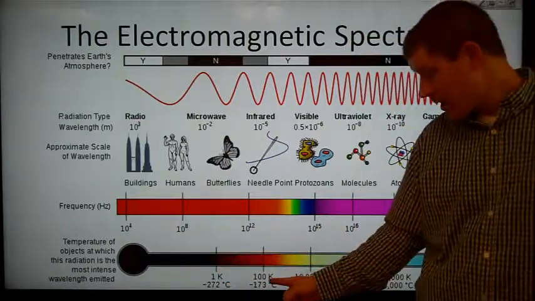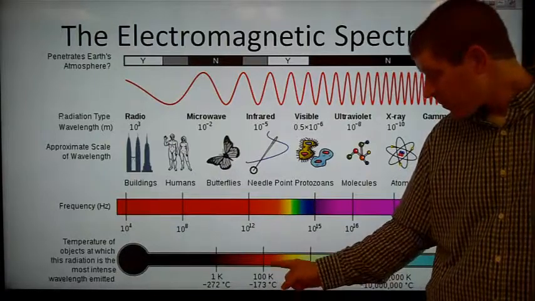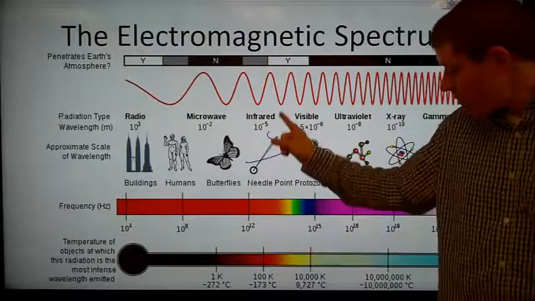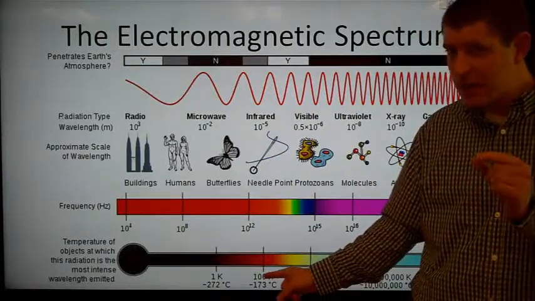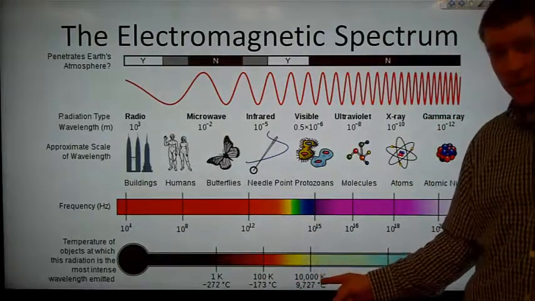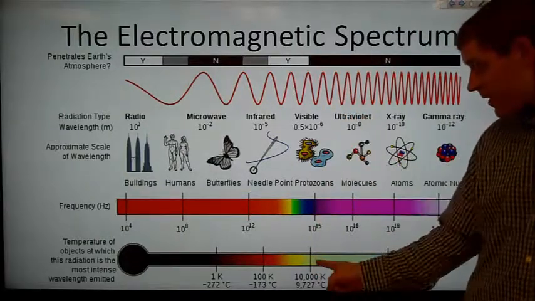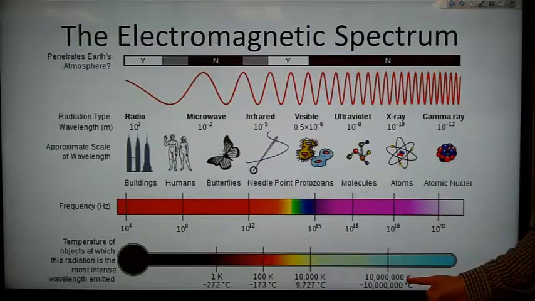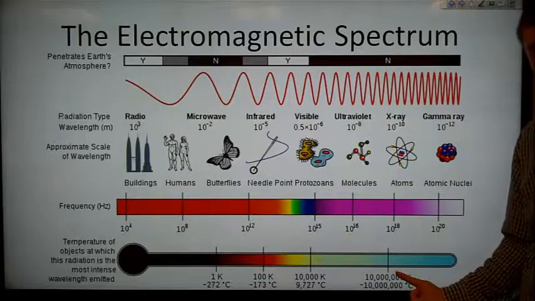If we heat up to 100 Kelvin, this is still pretty cold because that's minus 173 degrees C. Well, now we're giving off in the upper infrared, we're just maybe starting to give off in the visible, just a little bit. As we move up higher to 10,000 Kelvin, now that's pretty darn hot. Now we're giving off in the visible, starting to give off in the ultraviolet. We move up higher to 10 million Kelvin, now that's where we're giving off in the upper X-ray region.